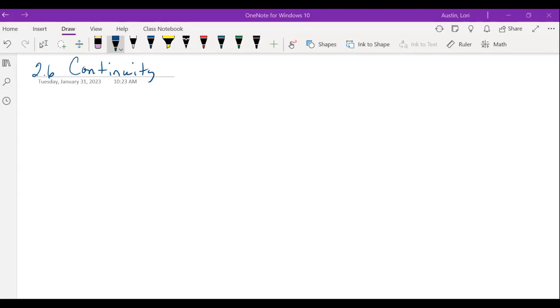Okay, so this last section deals with something we call continuity. And it's really kind of easy to visually see what we mean by continuity, so we're going to start there, of course.